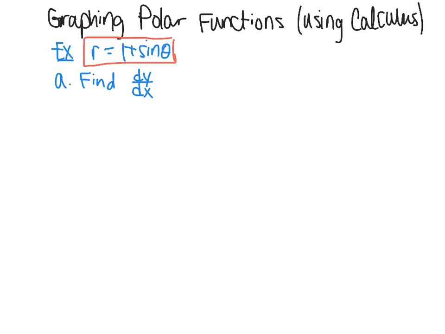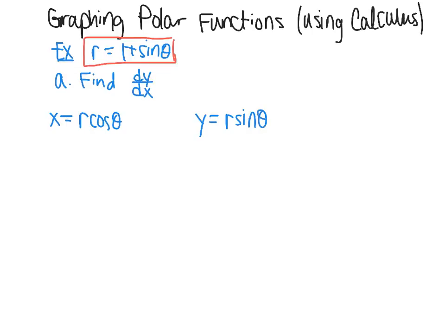So we have to use what we had when we converted from polar coordinates to rectangular coordinates. These are the equations we had: x equals r cosine theta and y equals r sine theta.